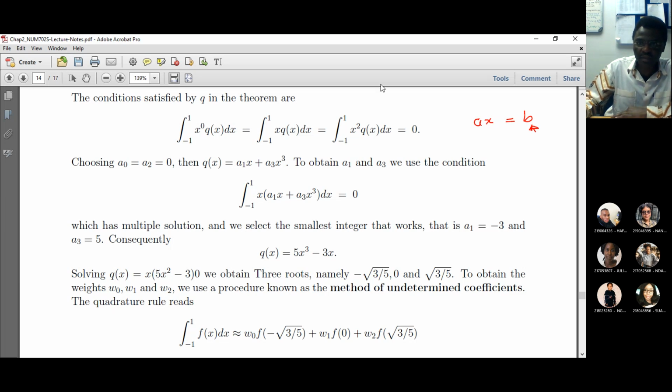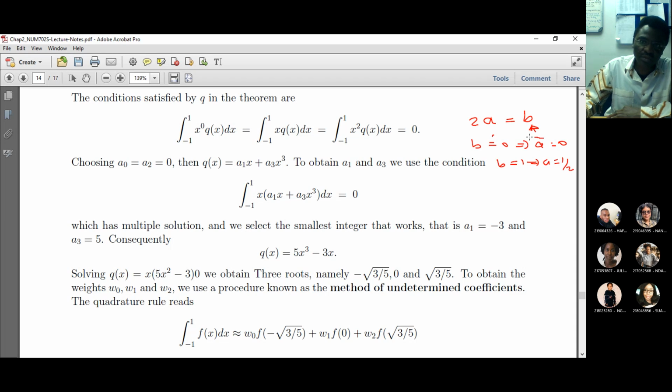Let me do this. Let's say I have 2A equal to this. Now, if B is 0, you see that A is also 0. Now, if B is 1, A will be 1/2.